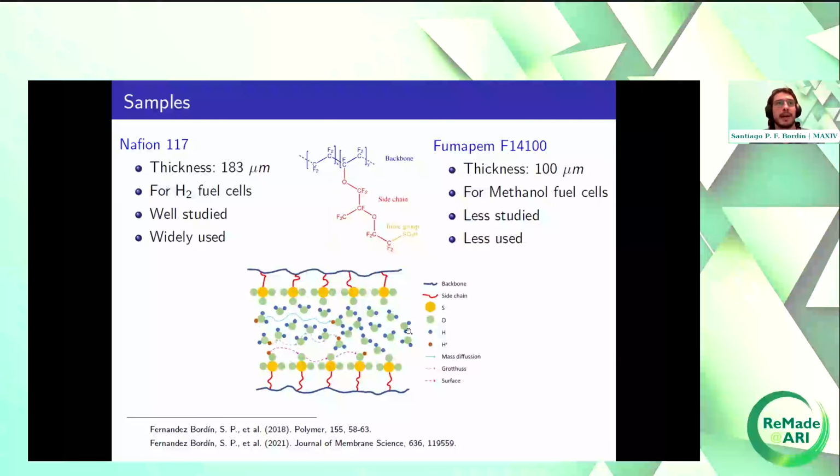Here I have a schematic. The water channels are responsible for the conductivity process of the proton. It can be diffusion of the proton, the Grotthuss effect, where the proton jumps between water molecules, or it can also be through surface conduction using the ionic groups.